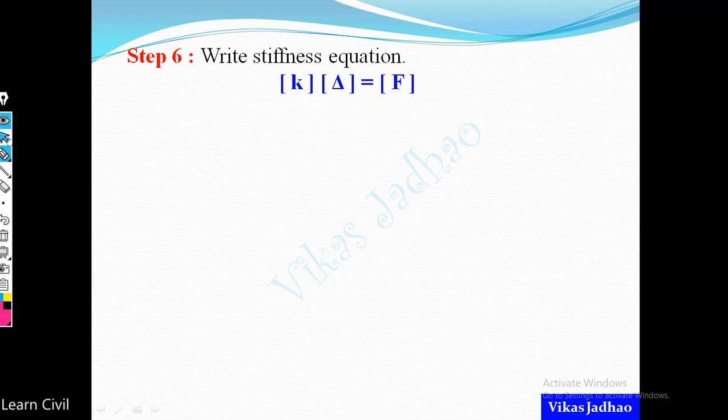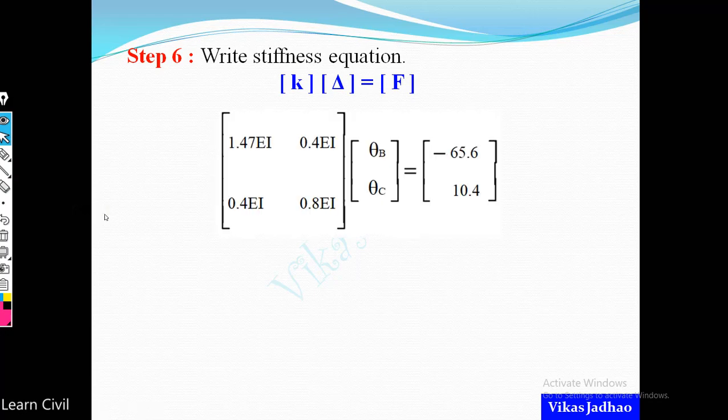So substitute the different matrices here, as we have already found the stiffness matrix and force matrix. The unknown here is only the displacement matrix, that is, the unknown displacements theta B and theta C. So this will be your stiffness matrix, this will be your displacement matrix and this will be your force matrix. Now take the EI term outside of the stiffness matrix.